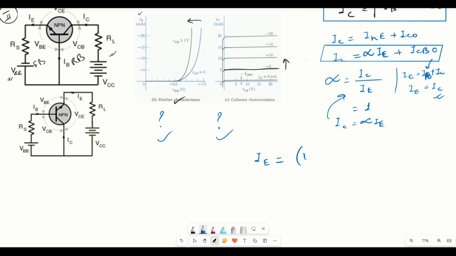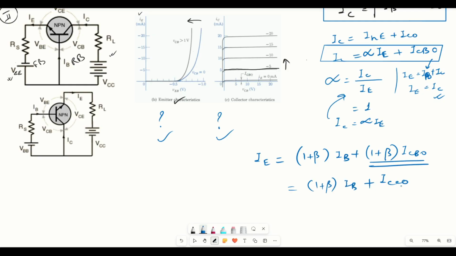IE is given by (1 plus beta) IB plus (1 plus beta) ICBO, where this is given as ICCO, or IE is (1 plus beta) IB plus ICCO. So you try to find out this.